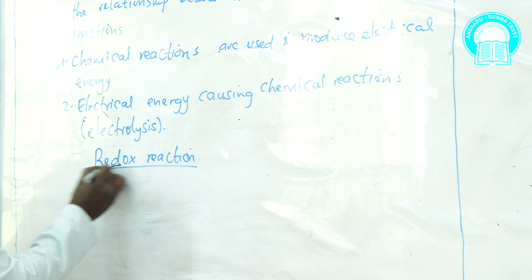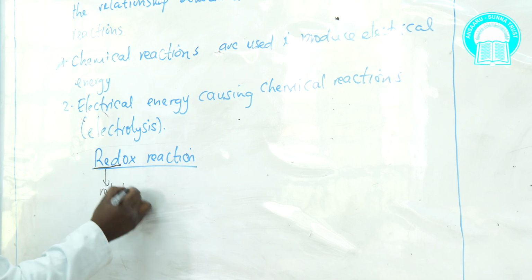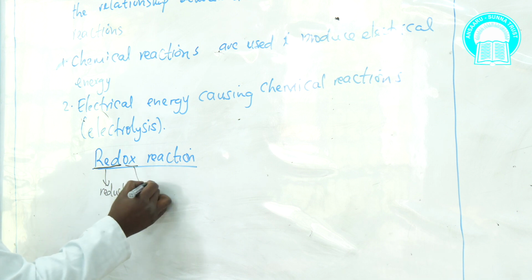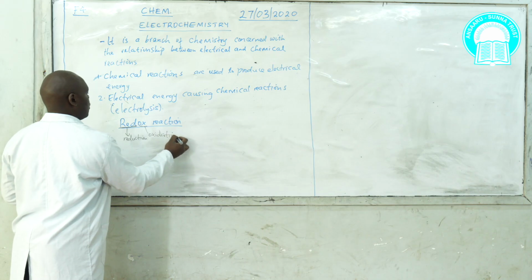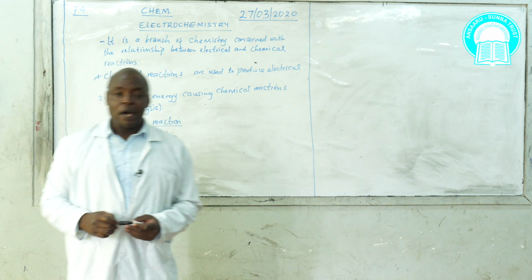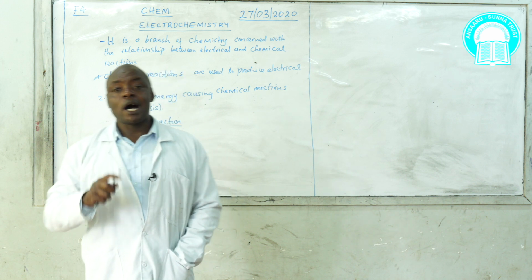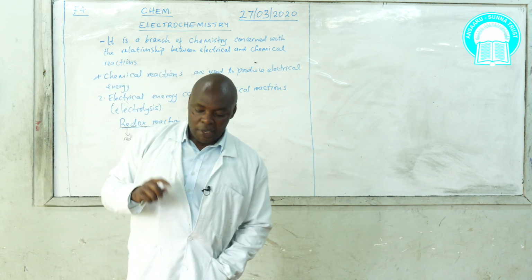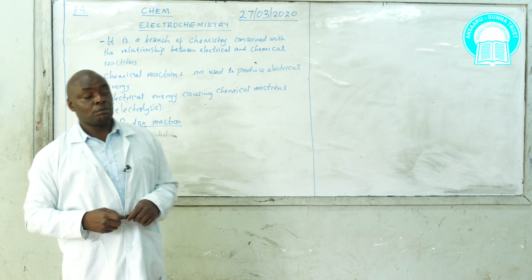This part represents reduction, and this part represents oxidation. So, redox reaction simply means a reaction in which both oxidation and reduction occur at the same time.